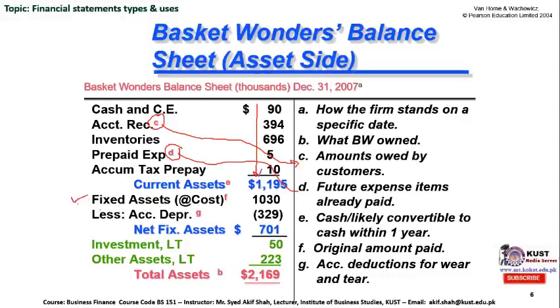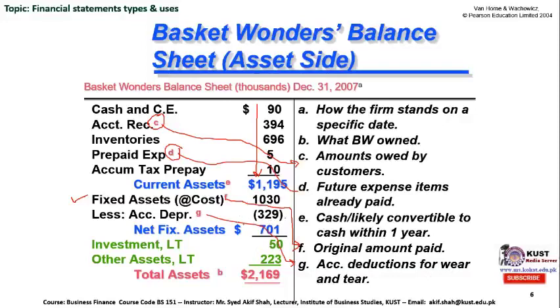assets, which are not convertible into cash within one time period, rather they are going to generate revenue for the company over the number of years. So point number F refers towards the explanation of fixed asset, which is the original amount paid for this fixed asset less accumulated depreciation, the amount that has been depreciated from the fixed asset, that is the accumulated deduction for wear and tear of fixed assets.